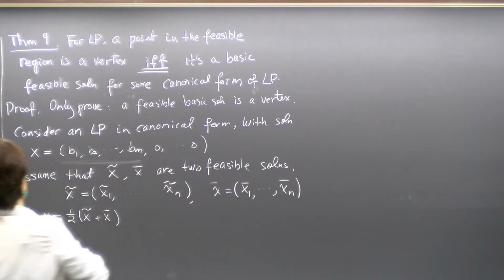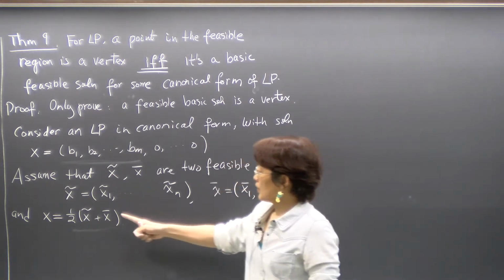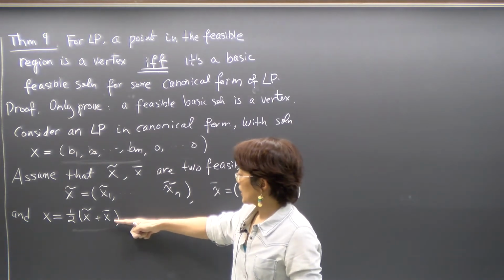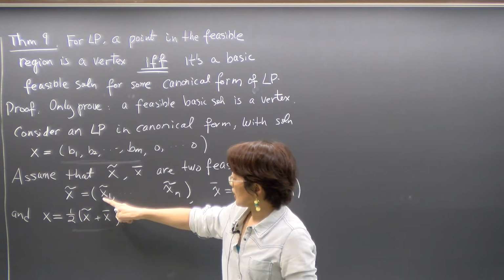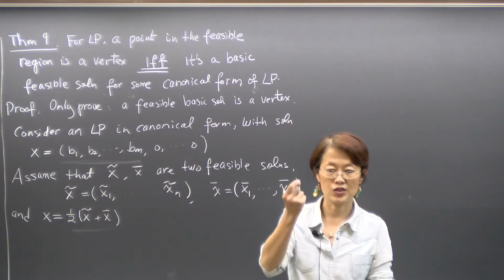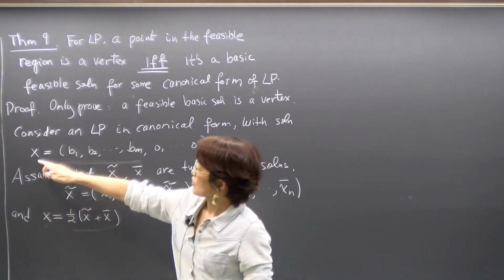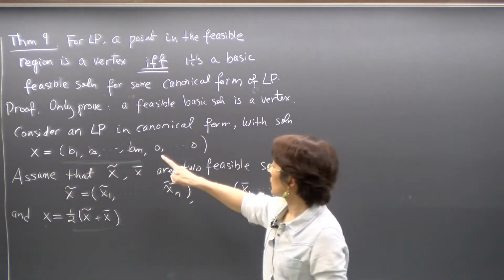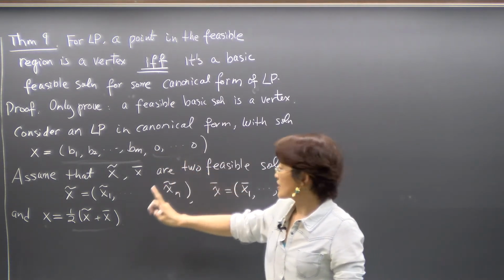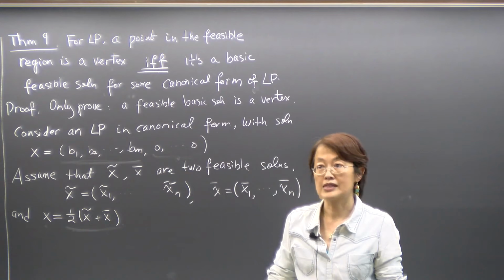So what will this sum be if I add them up? The right-hand side will be a vector where, if I look at the ith element, it will be just x tilde i plus x bar i divided by 2. You just add up each element. And this shall equal x, which we know is our basic solution, where we know that the last n minus m positions must be 0, which means the last n minus m positions for this sum as a vector must be 0. Is that clear?